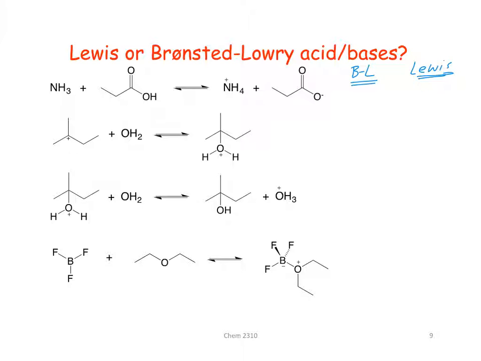We have ammonia, and the ammonia is coming over here and taking this proton off. So is this a Bronsted-Lowry acid-base reaction? Yes, we're transferring a proton, right? So it is a Bronsted-Lowry acid-base reaction.